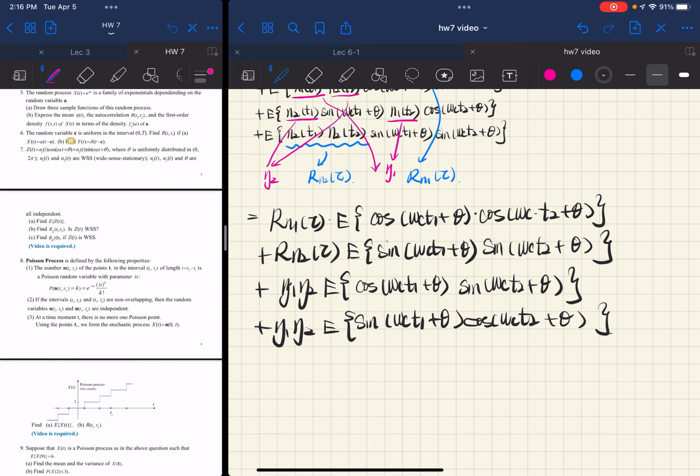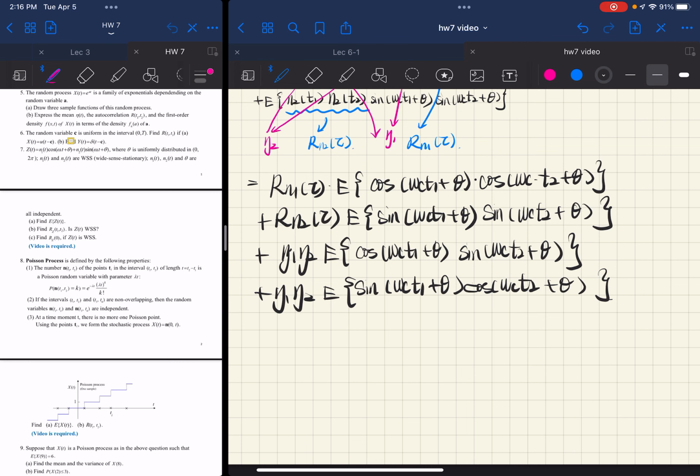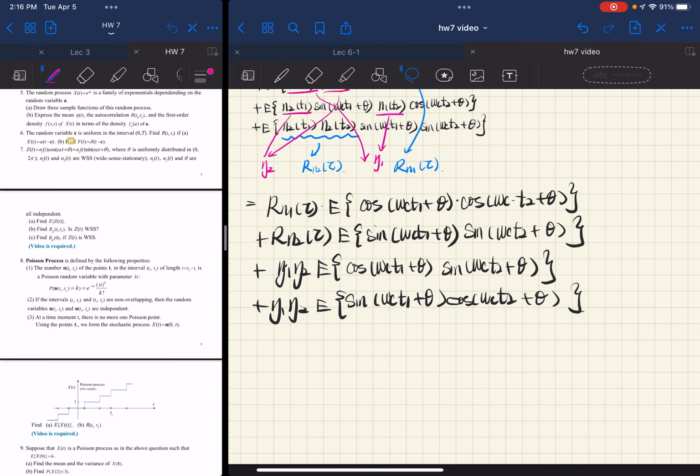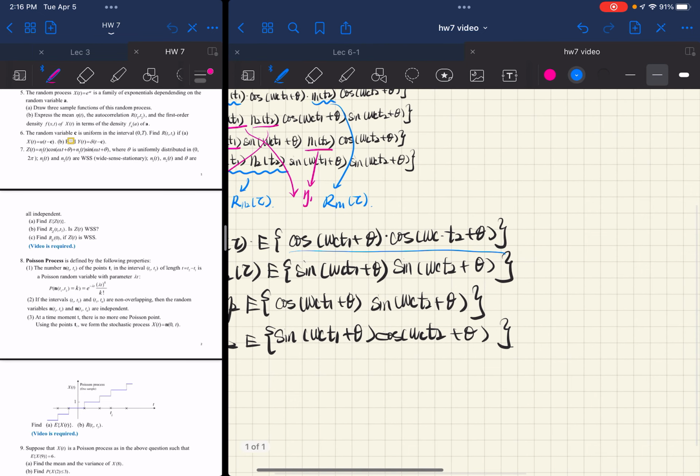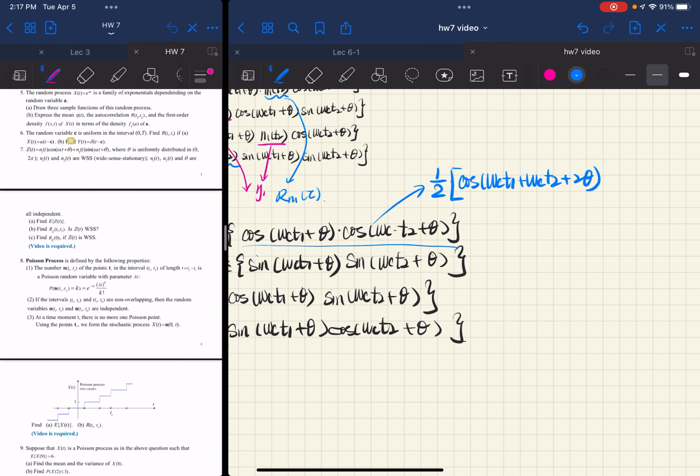And at this step, we need to apply some trigonometric identities, and we can know that to simplify this term, it should equal 0.5 times cosine of the sum plus cosine omega c times tau, as tau is the difference between t1 and t2.